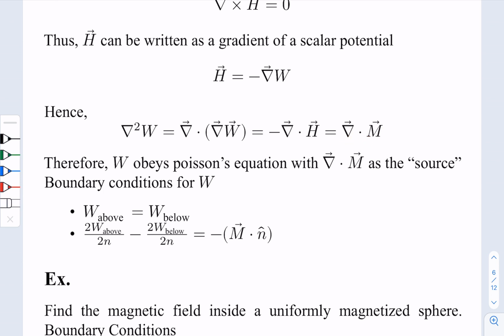So now I don't know if you recognize that here this del dot M is actually something that's called the source term. So that is what we imagine as the magnetic monopole.